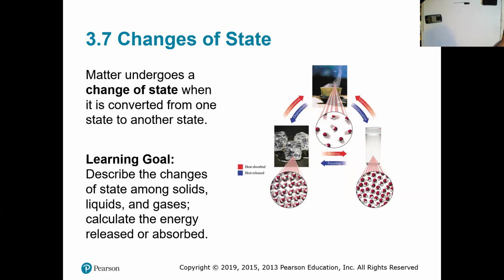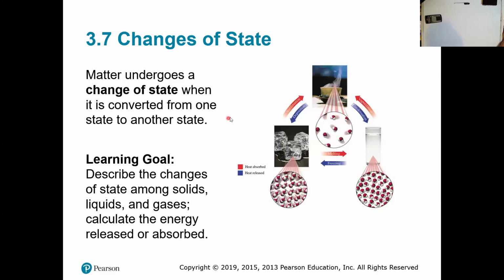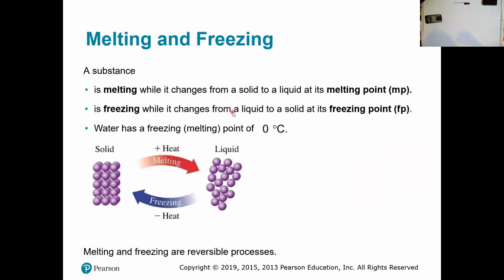Okay, so we can look at each set of phase changes in pairs. What we're going to see is that every transition between two physical states has one direction where it's absorbing heat and another direction where it's losing heat.